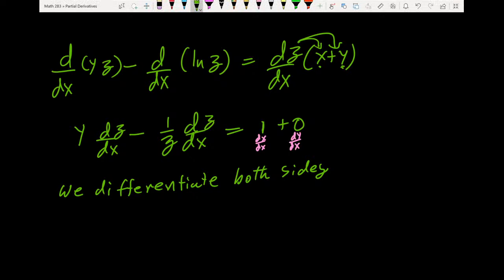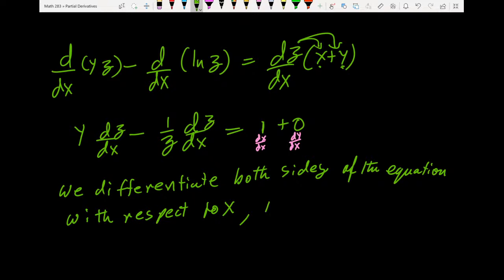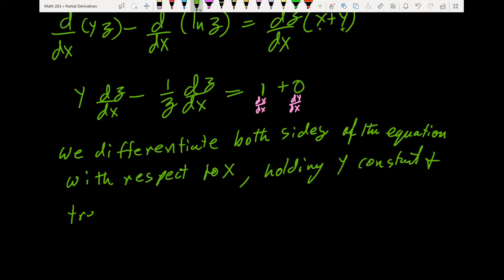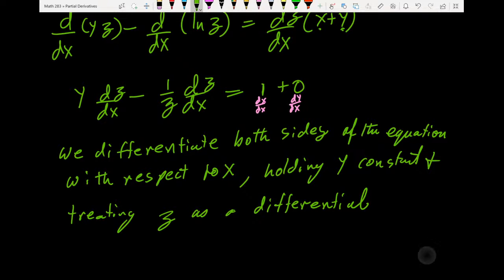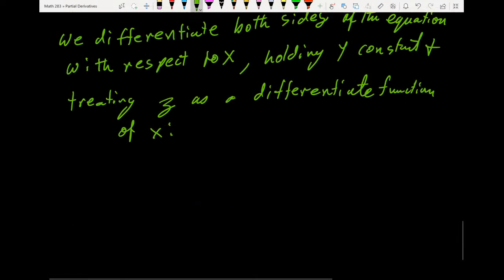Differentiate both sides of the equation with respect to x, holding y constant and treating z as a differentiable function of x.